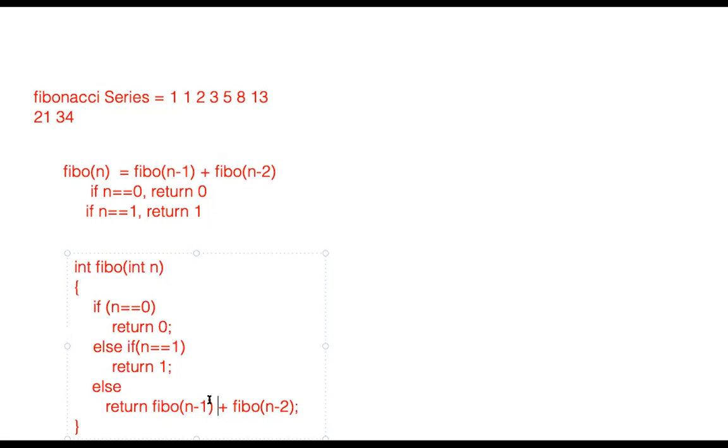Whatever the Fibo of n minus 1 returns is added with whatever the Fibo of n minus 2 returns. Suppose the result of Fibo of n minus 1 is 5 and Fibo of n minus 2 is 3. So 5 plus 3, 8. So it returns 8.